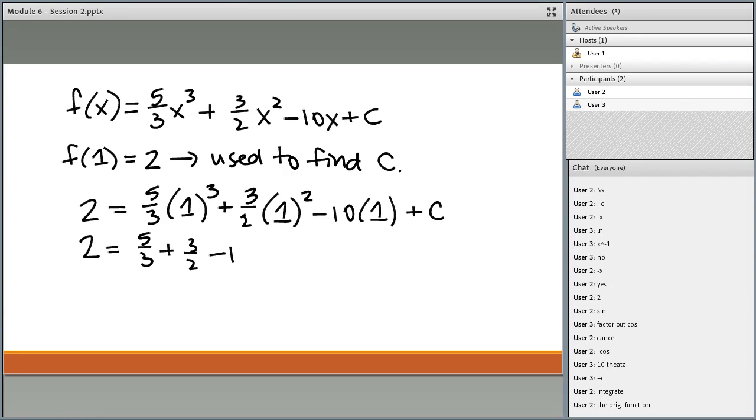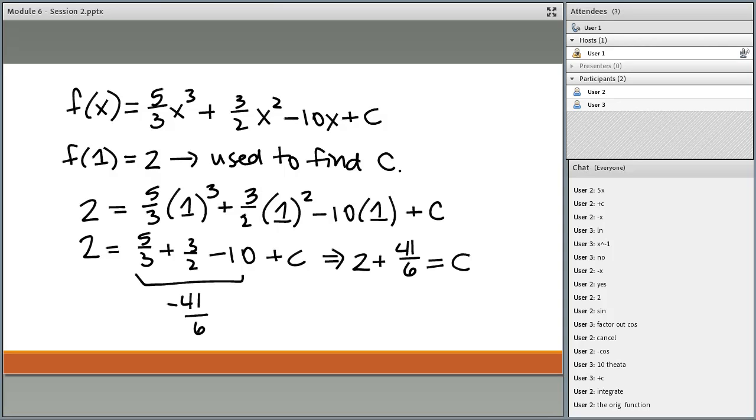So I have 2 equals 5 over 3 plus 3 over 2 minus 10 plus the constant. And all of this, if we simplify, is negative 41 over 6. So to solve for the constant, I just need to add that over to the other side.